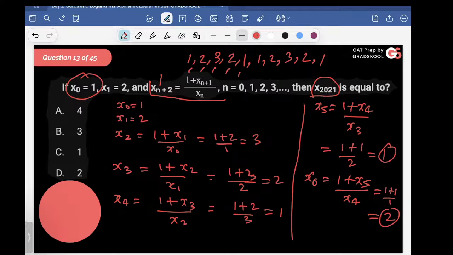So x of 2021, इसका मतलब क्या हुआ? इसका मतलब ये हुआ, अगर ये x1 से शुरू होता है, तो x5 के बाद रिपीट कर रहा है. मतलब हर वो नंबर जैसे x1, x6, x11 would be equal to 1 only. But this is x2021. It starts with x0. ये एक कदम आगे बढ़ जाएगा. The answer is 2, D option.